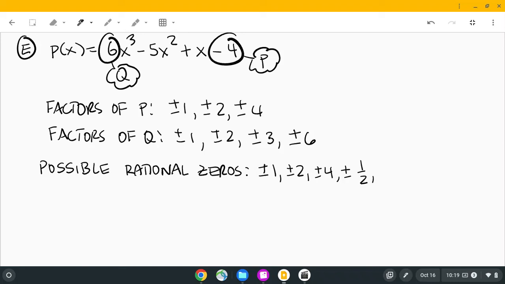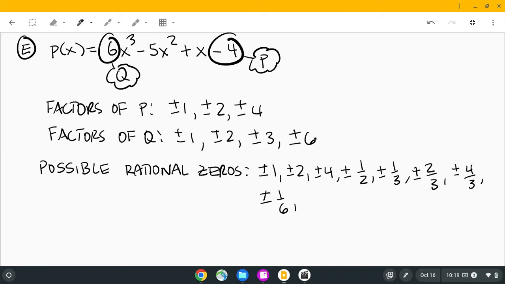Let's move on to 3. It's going to be all of these guys over 3. Plus minus 1 over 3. Plus minus 2 over 3. Plus minus 4 over 3. And now I'm going to do the same thing with the 6. It's going to be all of these over 6. Plus minus 1 over 6.